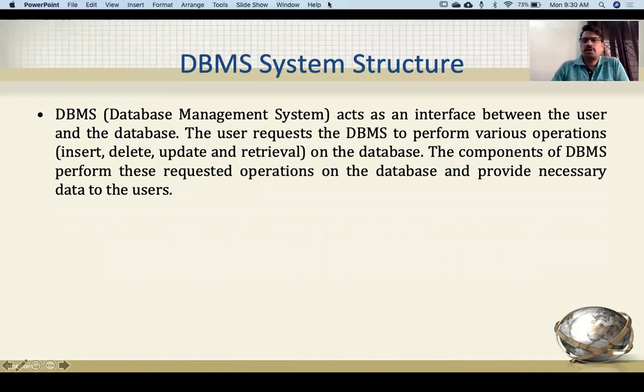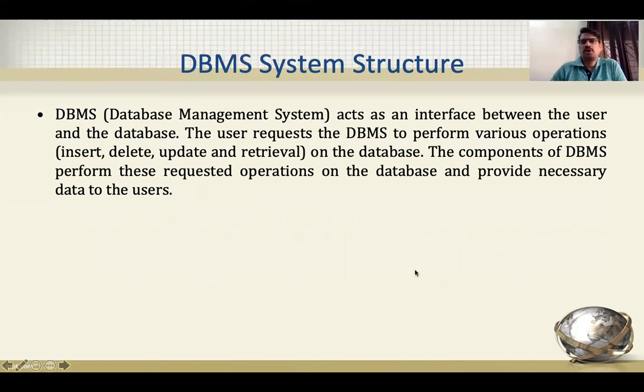Now, let's talk about the structure of the database management system. That is the biggest structure that we'll see. So the database management system acts as an interface between the user and the database, right? Because the actual database is there, and there is a management system which is going to manage the database, and this management system will act as an interface. And why is it acting as an interface?